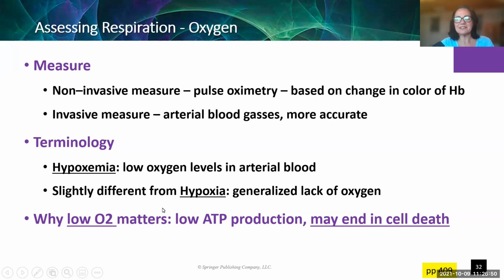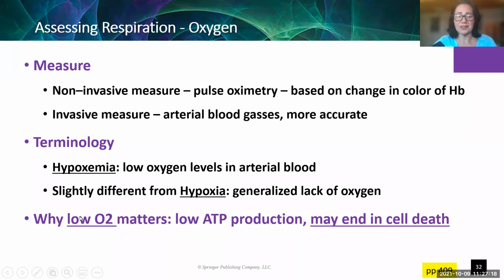This is slightly different from hypoxia, which just means low oxygen, period. So a patient's tissues may suffer from hypoxia, but the blood itself is hypoxemic. Low level of oxygen in the blood. The most specific term for that is hypoxemia.